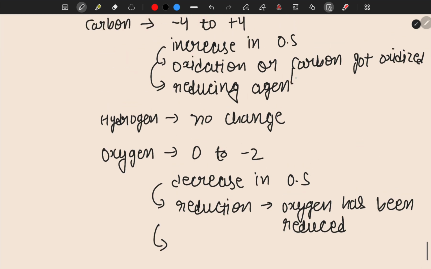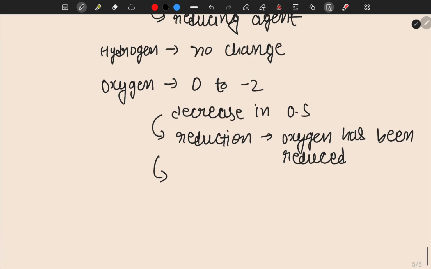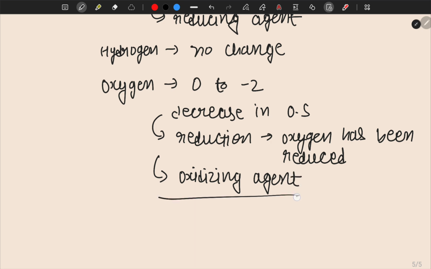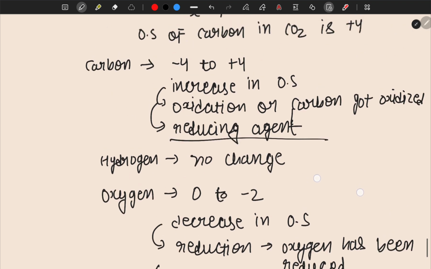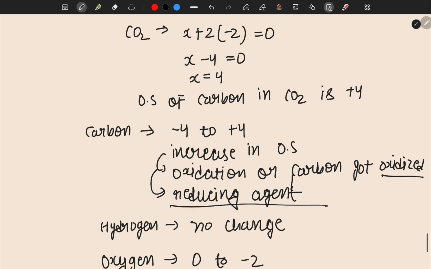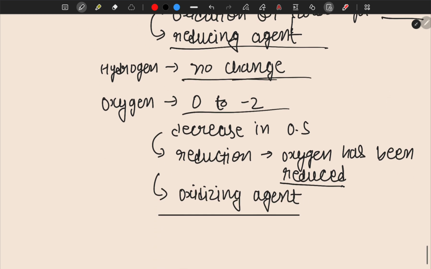Our reducing agent, which is carbon, and oxygen has oxidized our carbon, so it will be the oxidizing agent. So from here you got to know what your oxidizing agent is, what your reducing agent is, which species is getting reduced, which species is getting oxidized, and how the oxidation number changes for all the species. This is what is mainly going to be asked in questions.